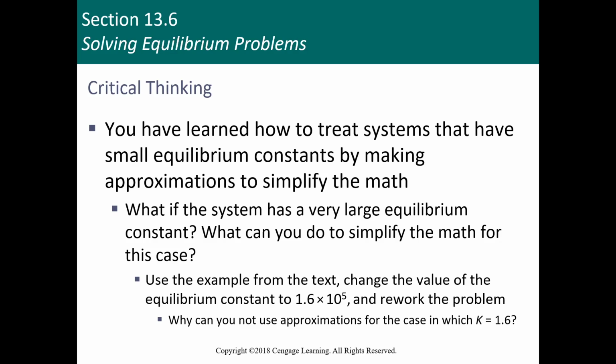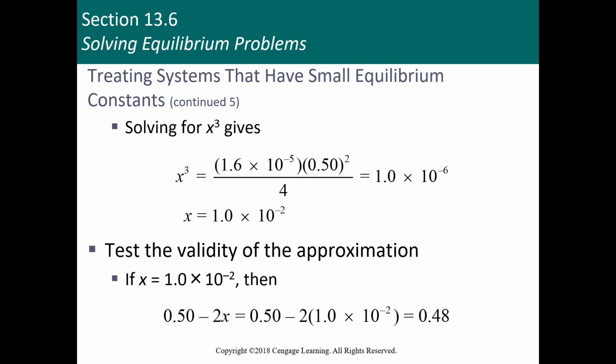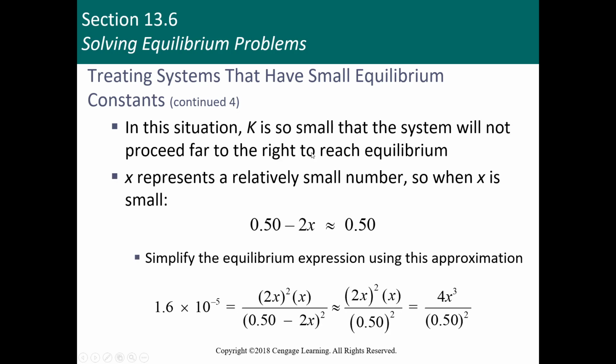So what could you do? Well, let's go back to this example, right? So up here, let's look at this. What if this, instead of being a 1/10,000th number, this was a very small number before, what if it was a huge number? So what we would see here is that if this was a huge number, then x would be big, right? It would be very, very, very big.